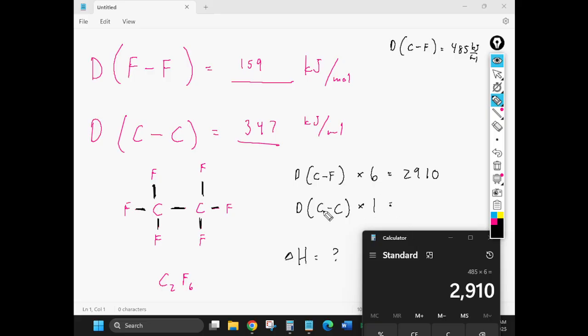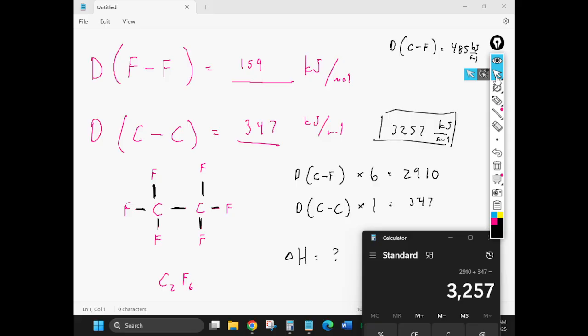And then the CC single bond is 347. So if we want to find the bond enthalpy of the entire molecule, we just need to add them up. So 2910 plus 347, that'll give you 3257 kilojoules per mole. Okay, and so that's how you find the bond enthalpy of a molecule.